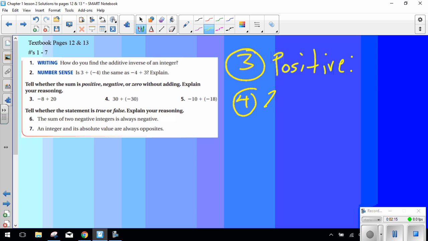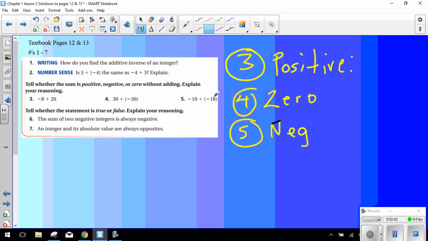Number 4, the solution is 0 because the 2 numbers are inverses of each other. When you add inverses of each other, your answer will always equal 0. You have $30. In addition to that, you spend $30. You have $0 left. And for number 5, the solution is going to be negative.